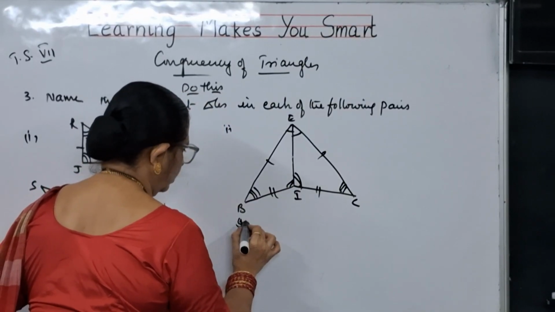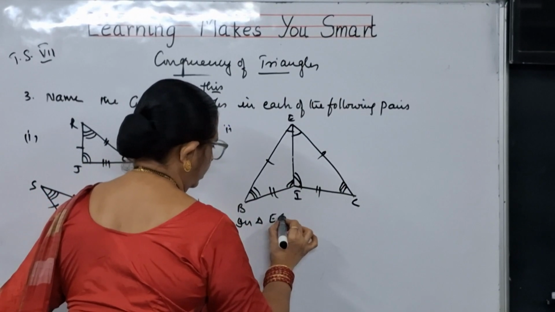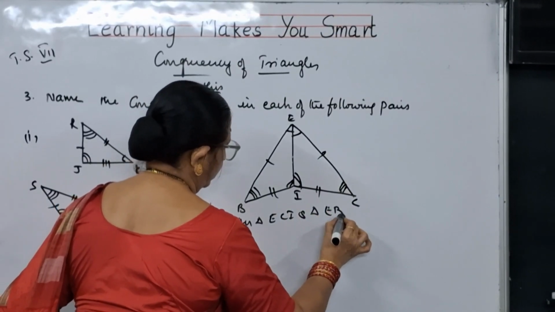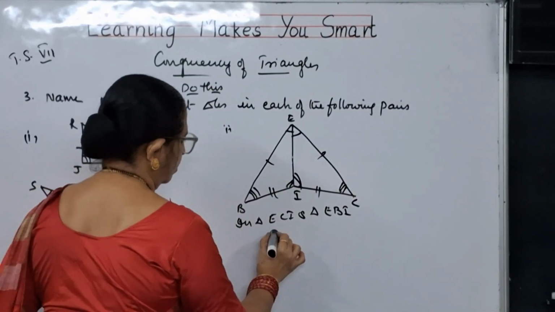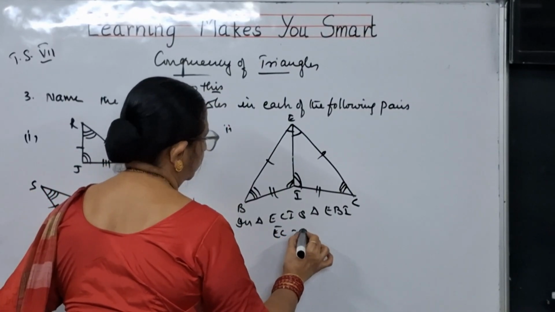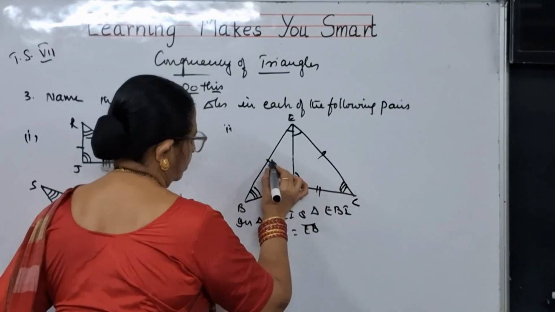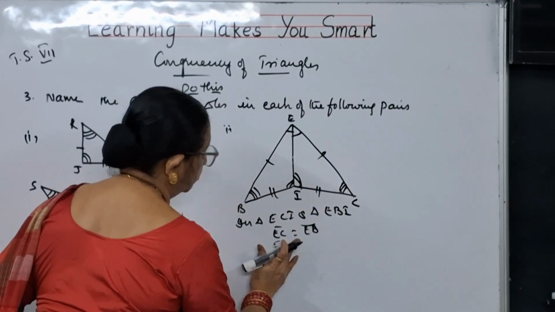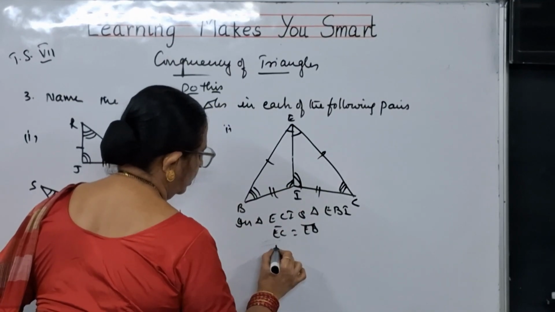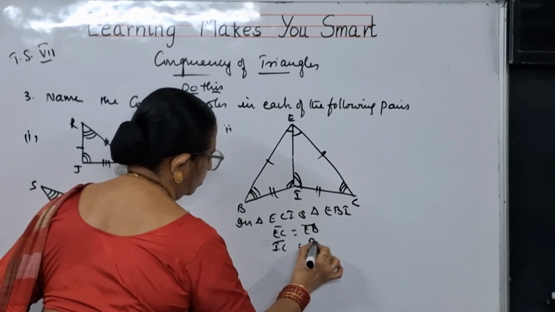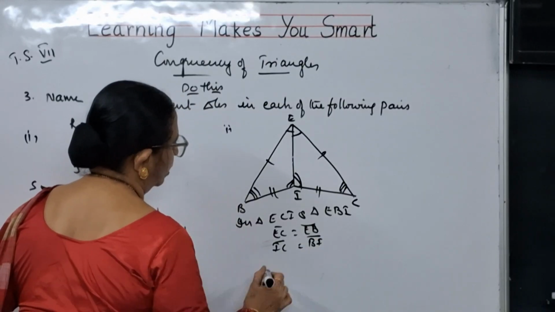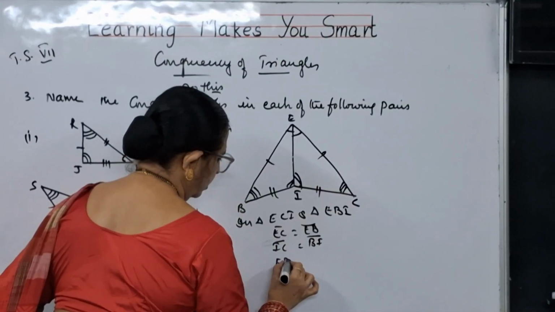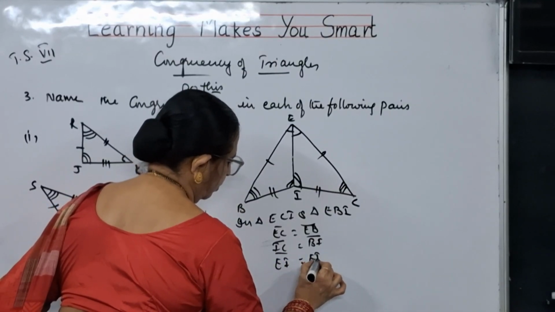So we have got triangle ECI and triangle EBI. In these two triangles, EC is equal to EB. Why? Single line is drawn. IC is equal to BI, and EI is equal to EI. Why?